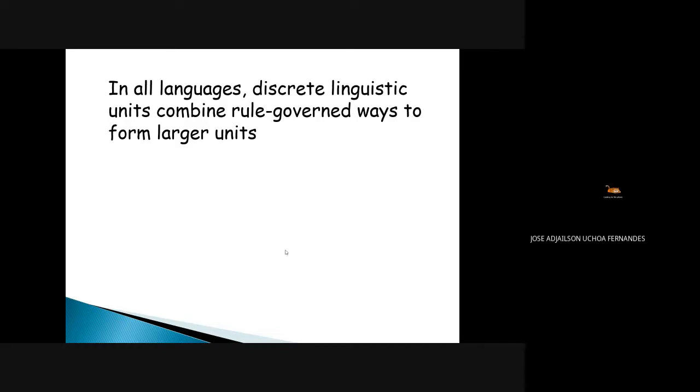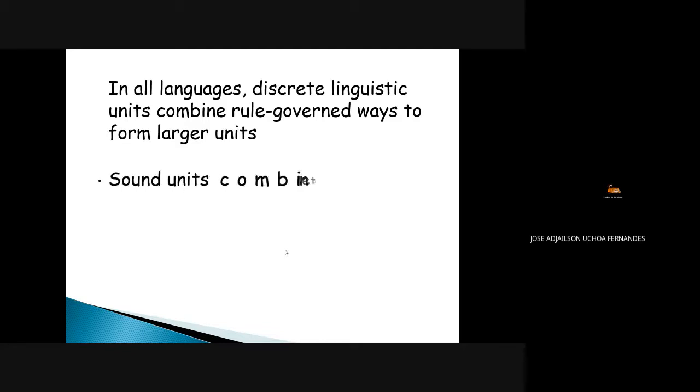Morphemes get associated to each other, just like atoms get together to form molecules. I don't know how to pronounce that. Morphemes get together to form larger units. This is what Saussure says when he is theorizing about linguistics. And he says that linguistic units get together to form more complex units.